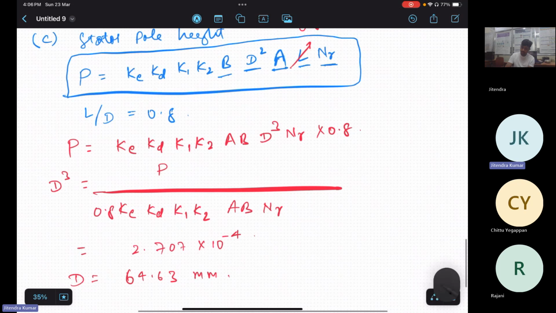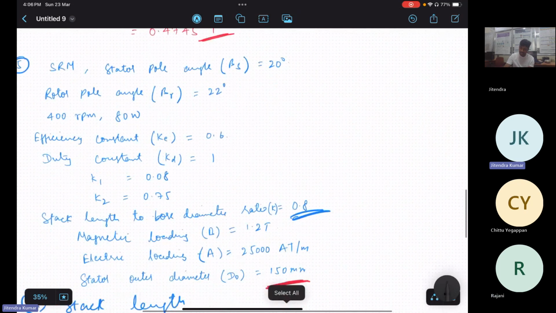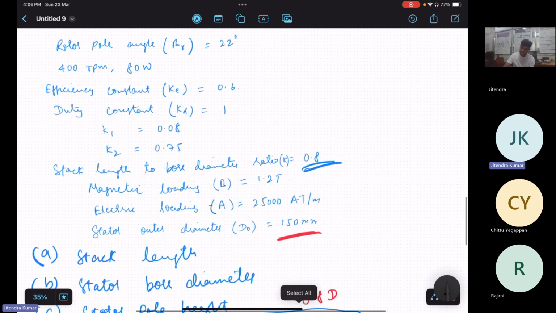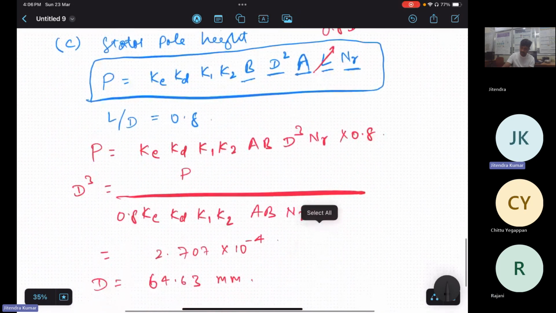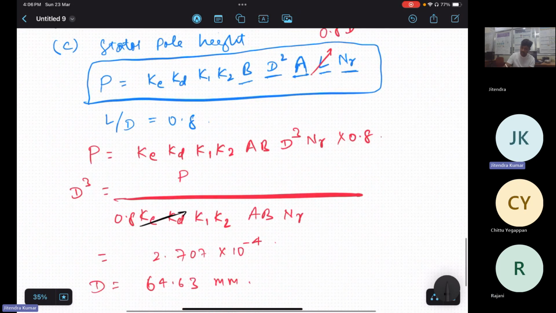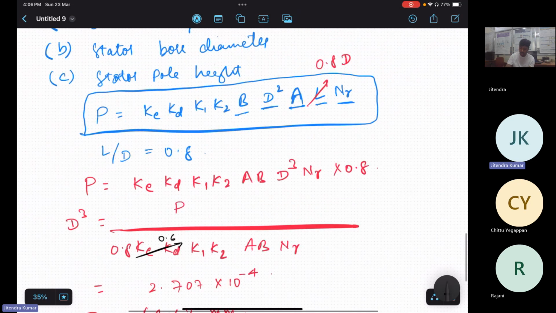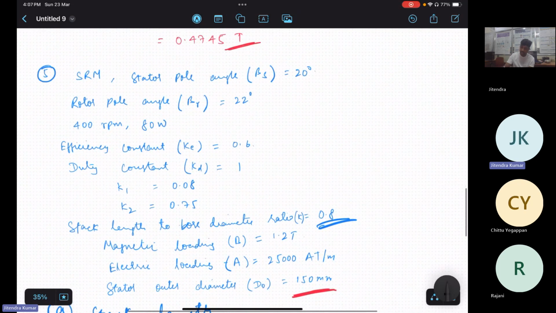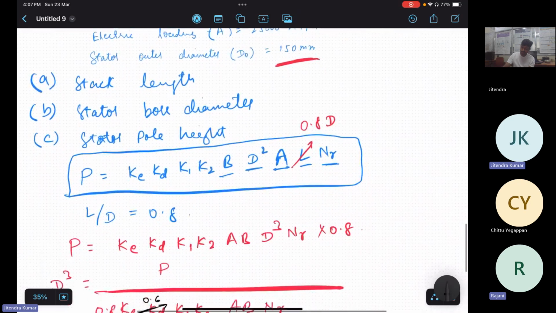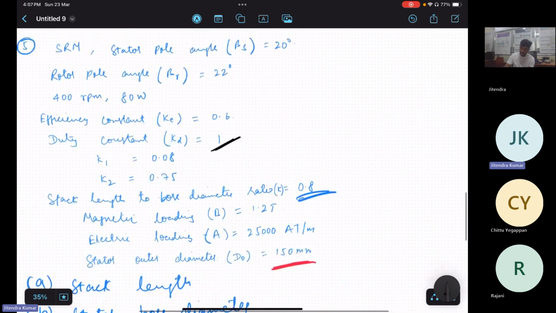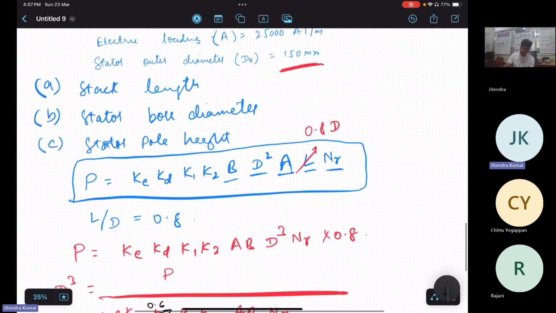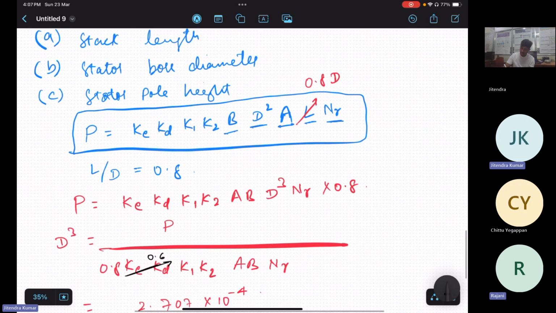KE is 0.6 and KD is 1, so KE KD at once we can say 0.6. K1 is 0.08, K2 is 0.75.